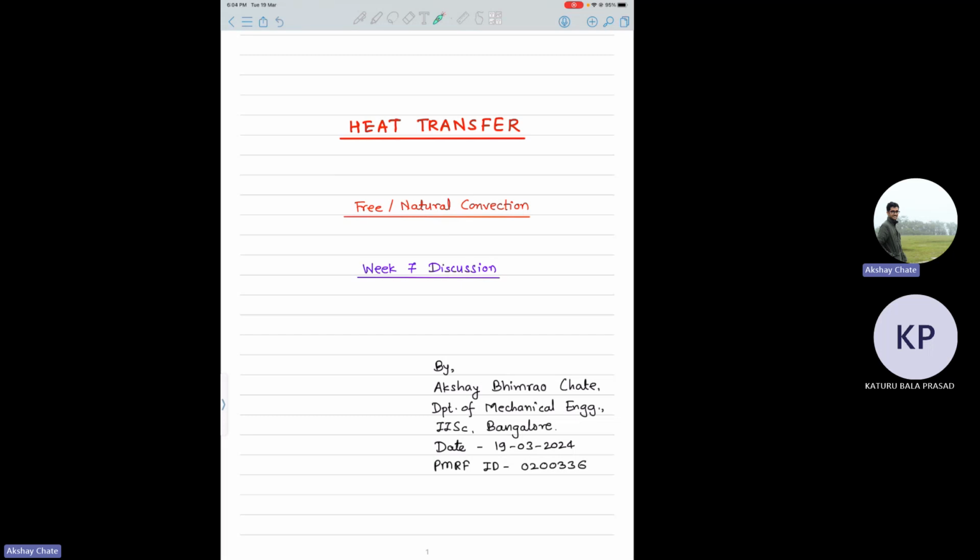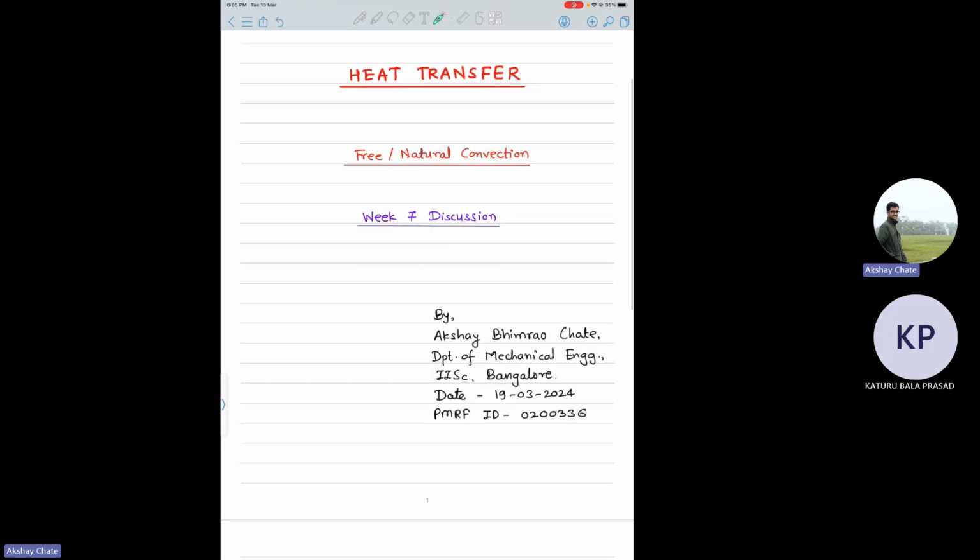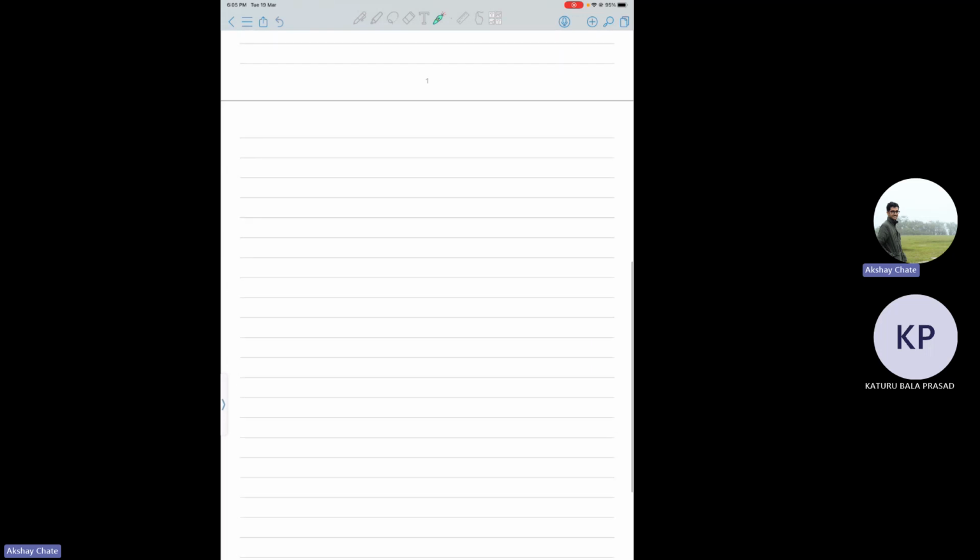There you cannot always make the flow of air possible, or of whatever fluid you are studying. Sometimes it's naturally condensing, right? So wherever such condensing surfaces are there, natural convection is the predominant phenomenon of heat transfer.